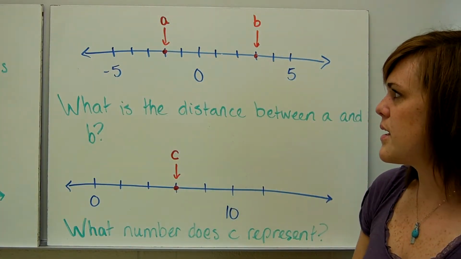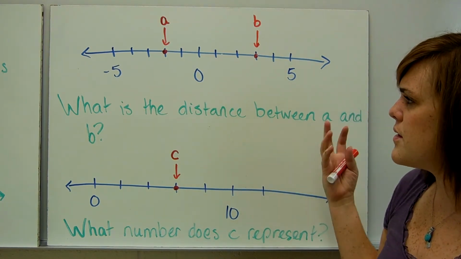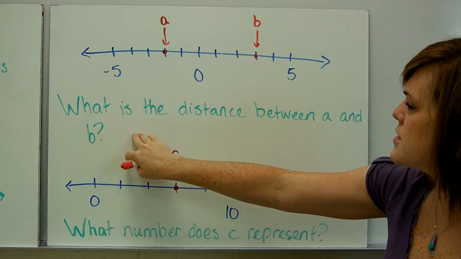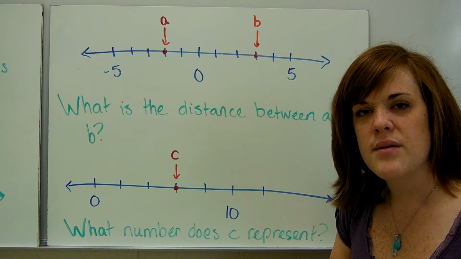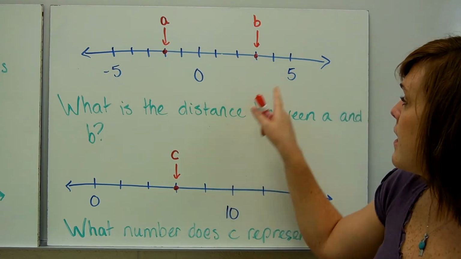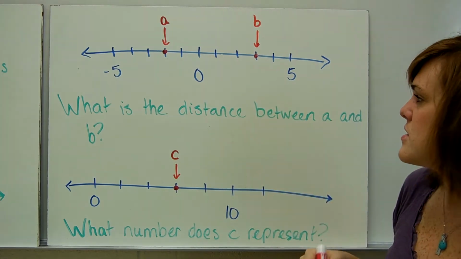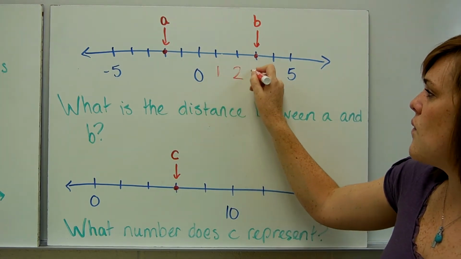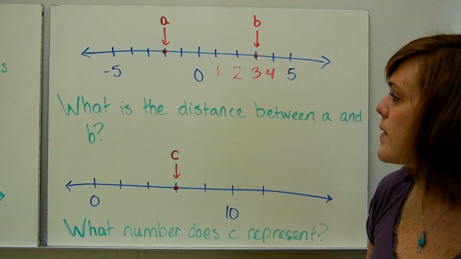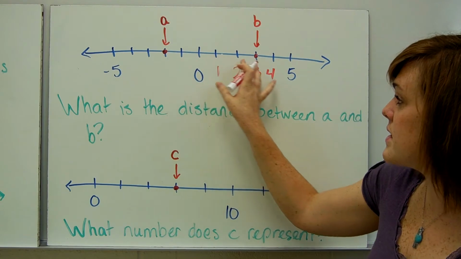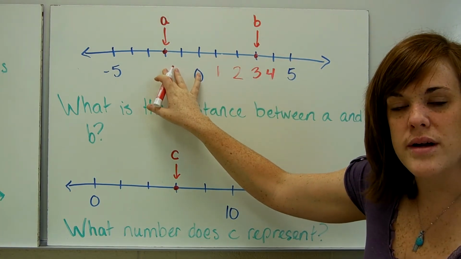Okay, sometimes we'll look at number lines that have letters on them for unknown values. So this question is, what is the distance between A and B? Well, first we should probably find out what A and B represent. This is 5, and I have 1, 2, 3, 4 spots in between. So these are probably counting by ones. So B would be 3. Now if each unit segment is 1, each unit segment is going to be 1 on this side as well.